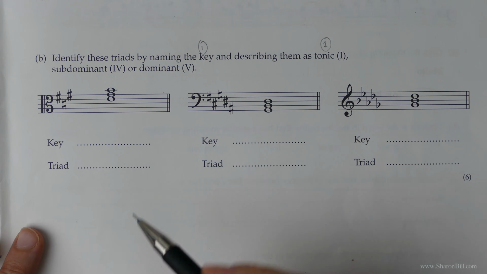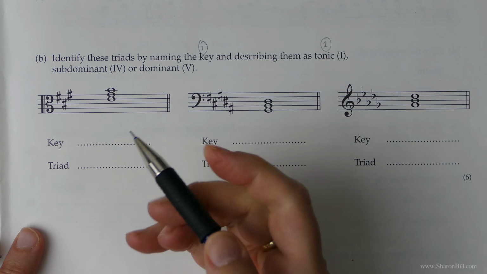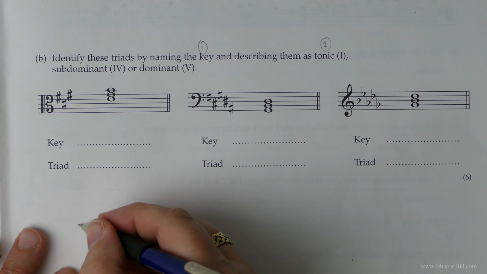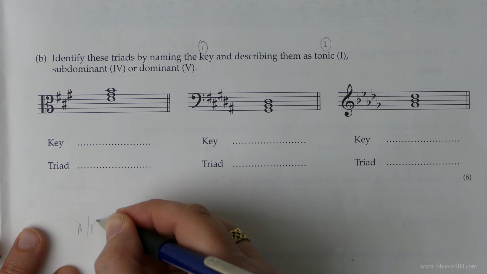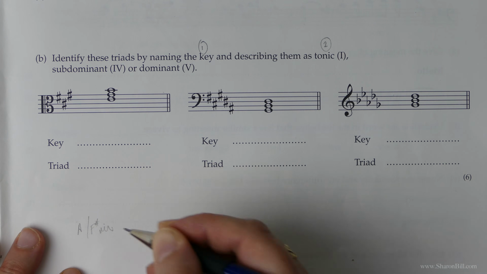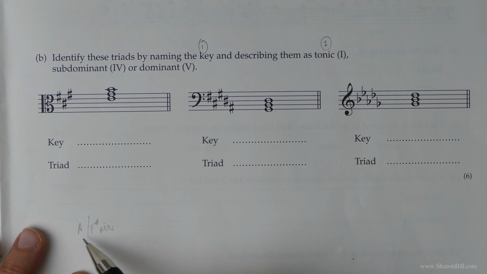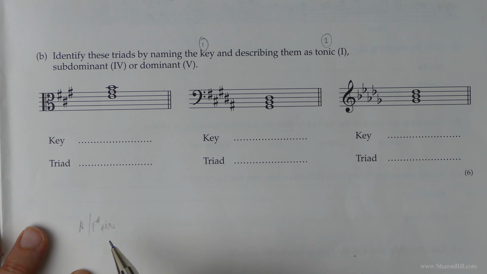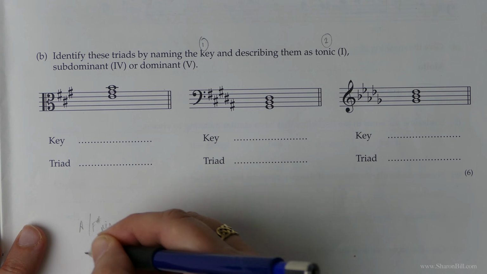So here, the key signature is 3 sharps. So it could be A major or it could be F sharp minor. It will depend upon which chords we get. Let me extrapolate the thinking in this one.